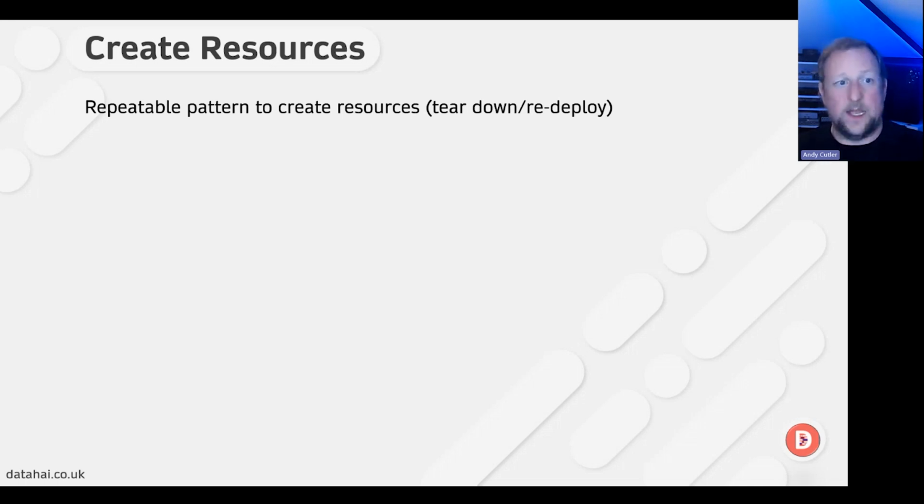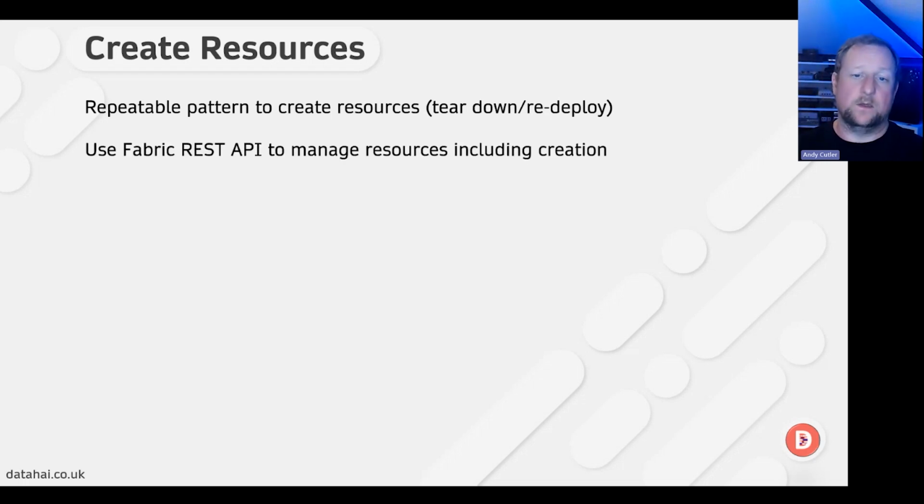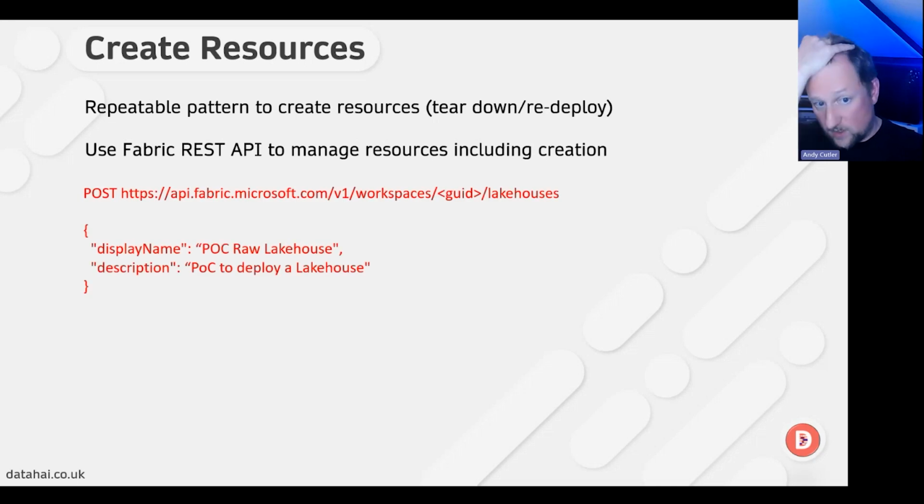So at the moment, how do we build repeatable patterns to create these resources? Well, we do have the Fabric REST API to do that for us. For example, I can issue a command to that REST API and say, in this workspace, where I've replaced the long GUID with just a placeholder GUID text, I'd like to create a lake house called POC Raw Lake House with a description.